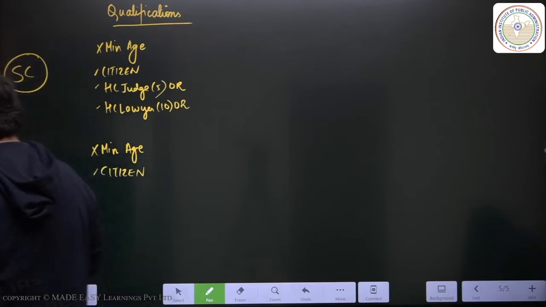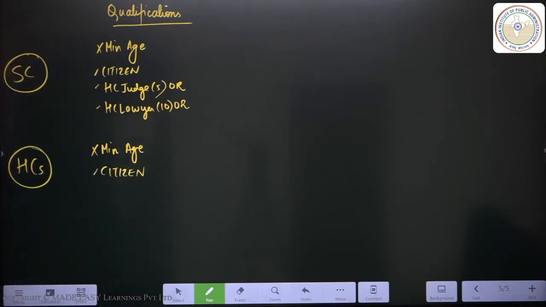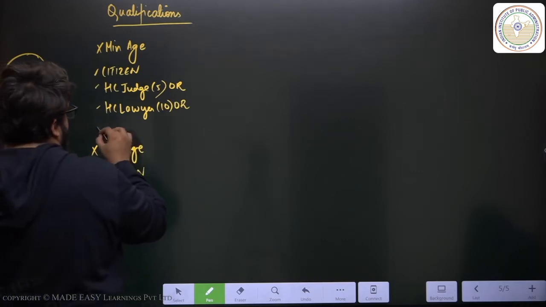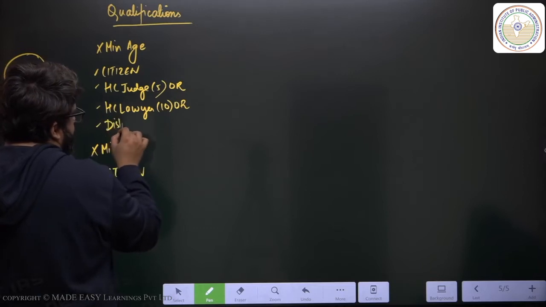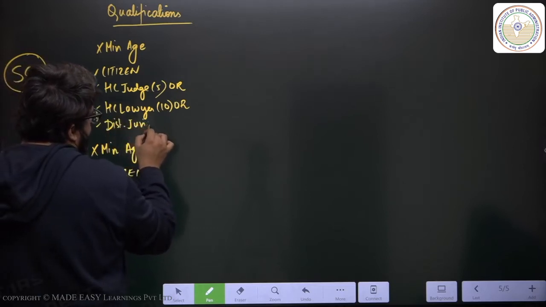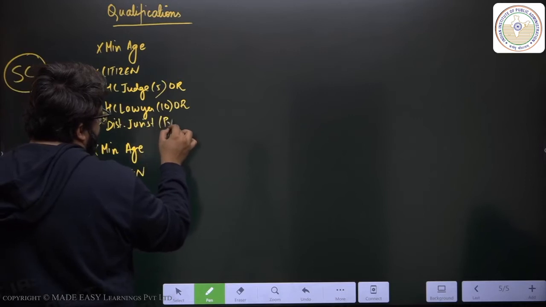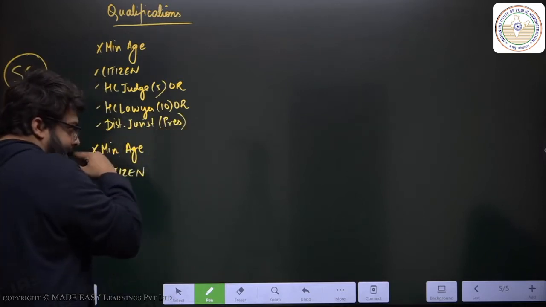Okay, for about 10 years, or you could have been a distinguished jurist, which means somebody with immense knowledge of the law in the opinion of the president.